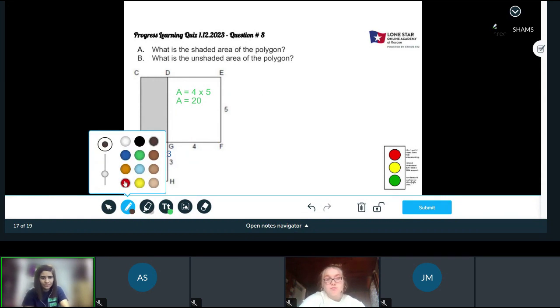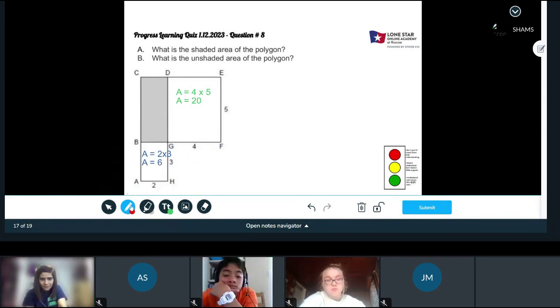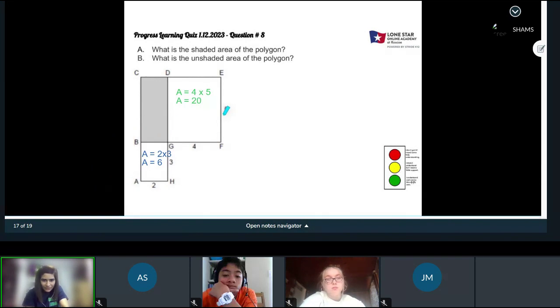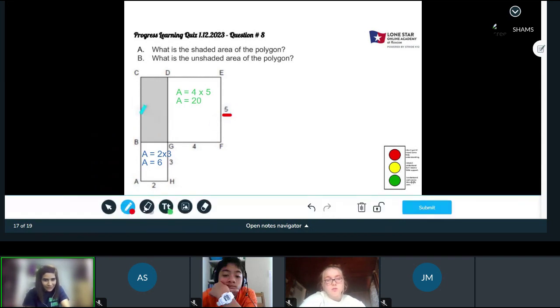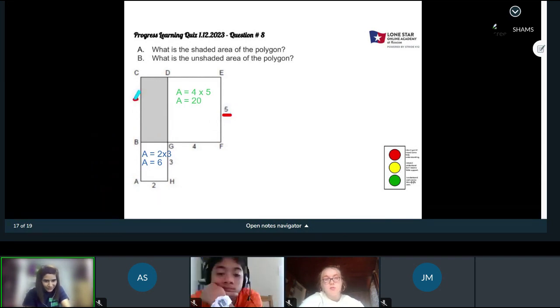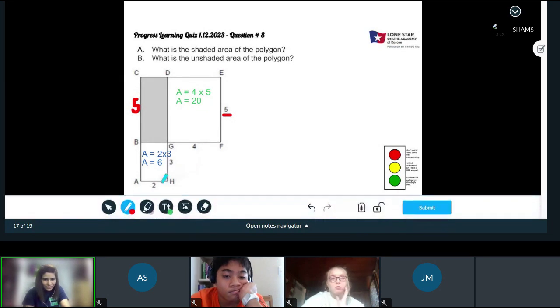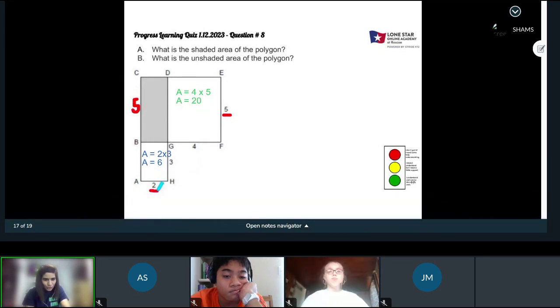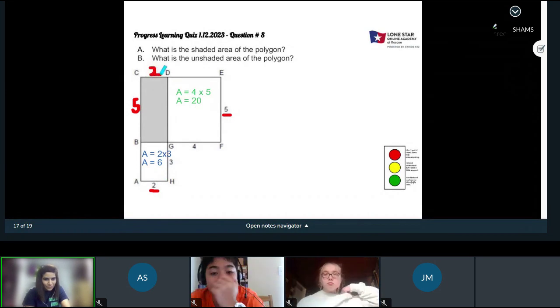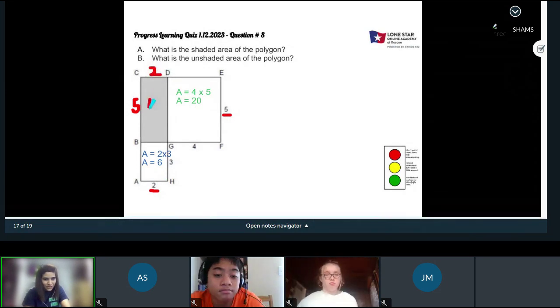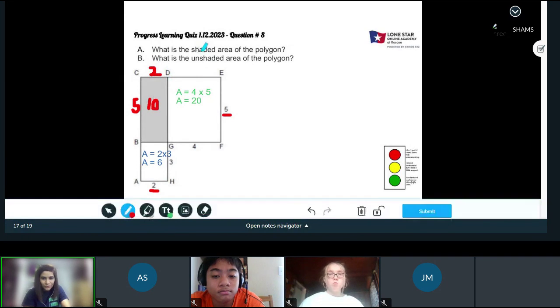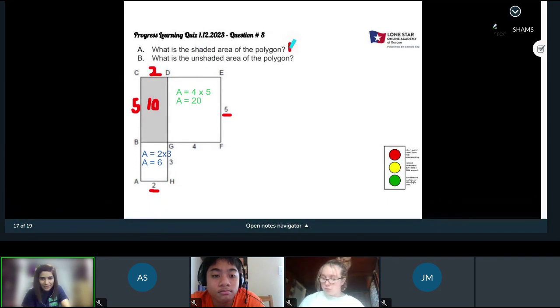For the gray region, I know if this side is 5, this side is also 5. If I know that this is 2, I also know that this is 2. And therefore the gray region is 2 times 5, that is 10. Right? So the shaded region, the answer will be 10.